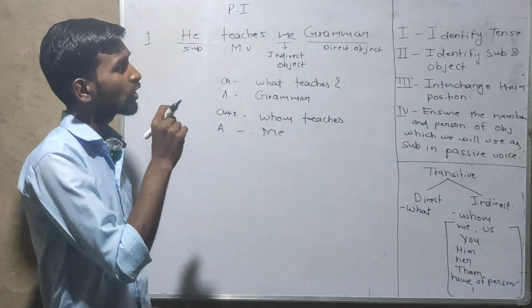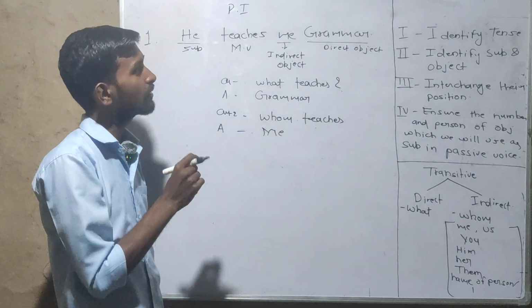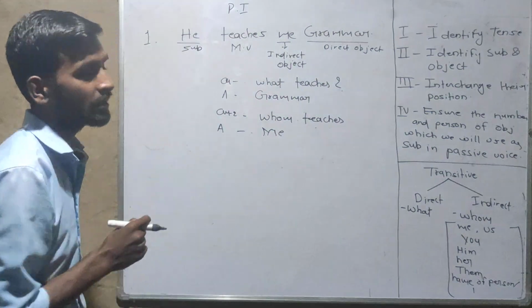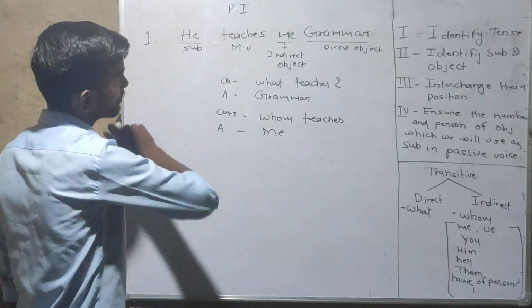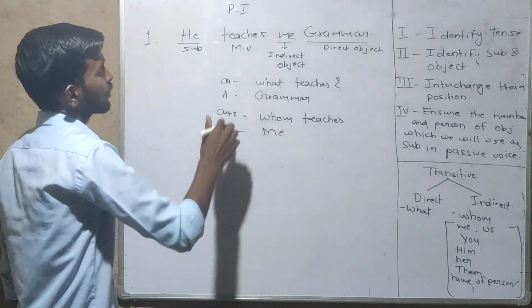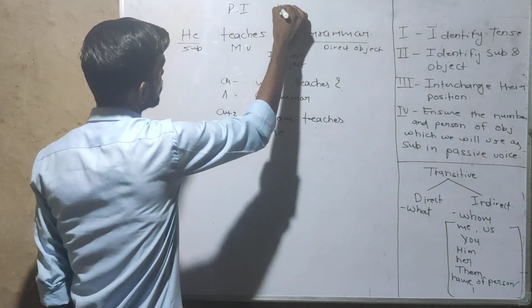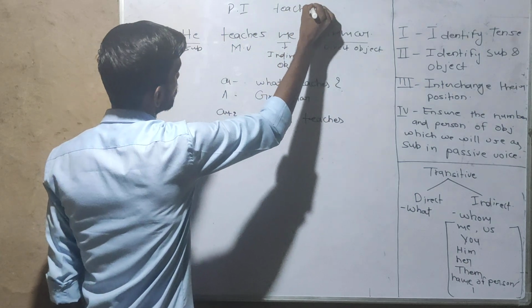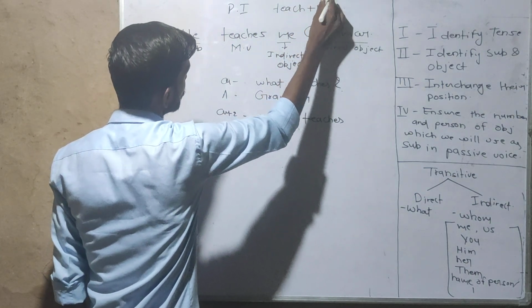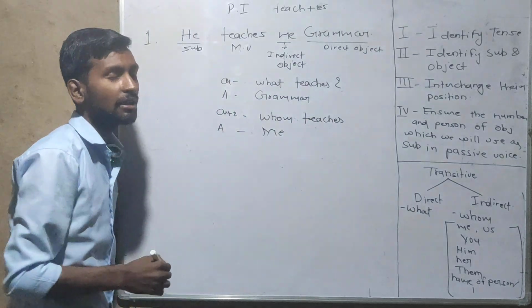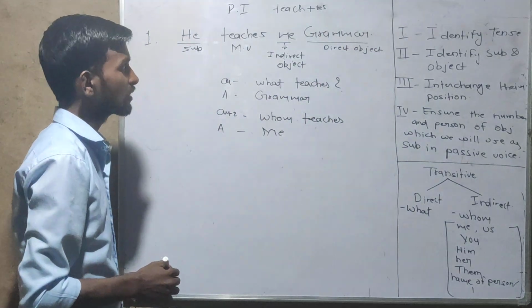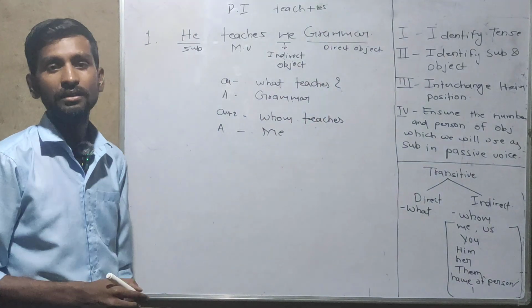With the recognition of helping verb or main verb we can understand which kind of tense this is. There is no helping verb but there is a main verb, that is "teaches". Teach is the main verb, but along with this comes "es", which means this is present indefinite in which the subject is singular. So this is present indefinite tense.